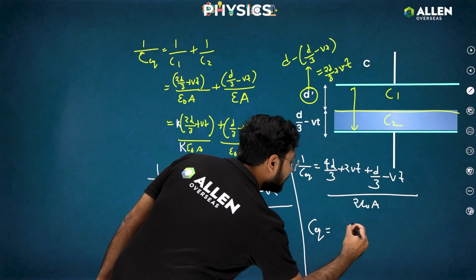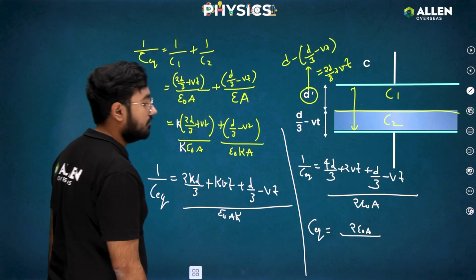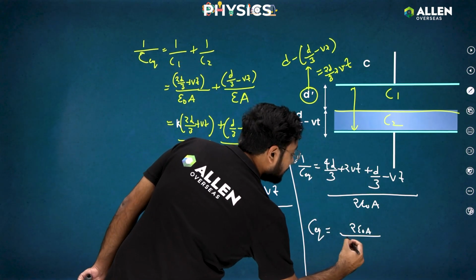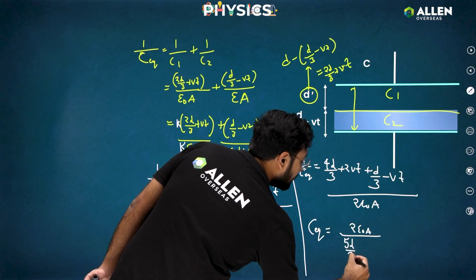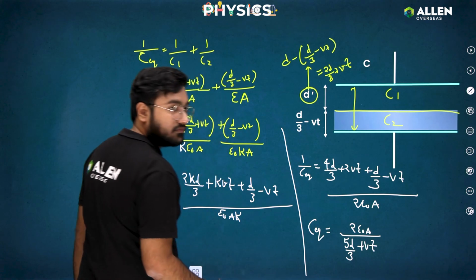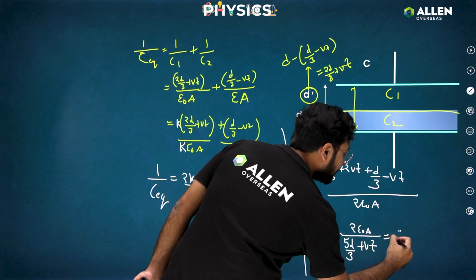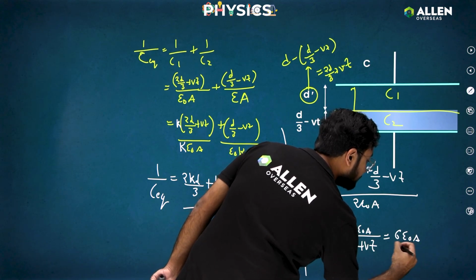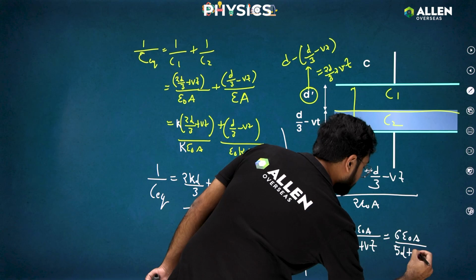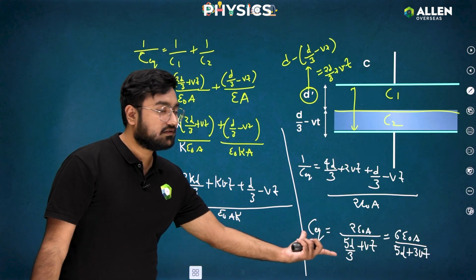C equivalent is equal to 2 epsilon naught A by (5d by 3 plus Vt). Take the LCM, throw 3 in the numerator, so this will be equal to 6 epsilon naught A over 5d plus 3Vt. This is your C equivalent.